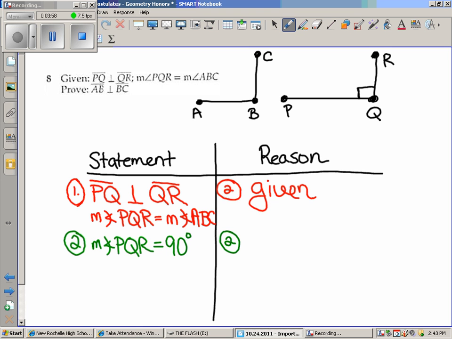Well, I mean, it says right there. Oh, wait, no. But how would you say you knew that it equaled 90 degrees? Dale? Yeah, you'd say perpendicular lines form right angles. That's at least how I say it.